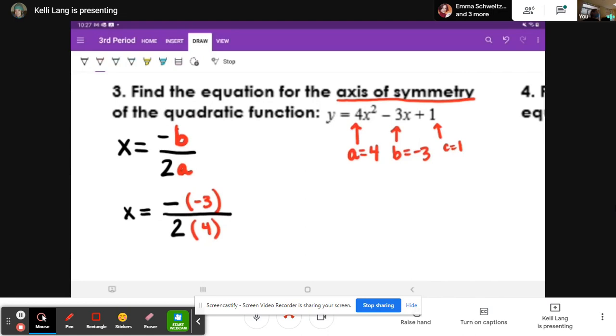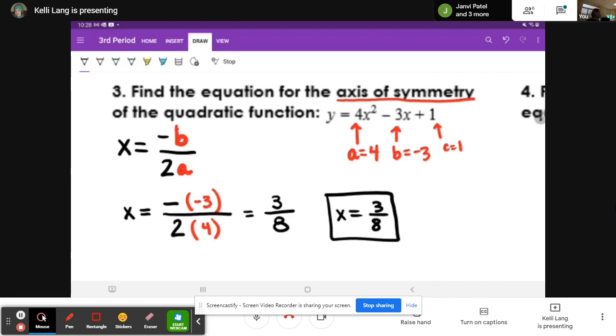You have to have those parentheses there. Whenever you plug a number in for a variable, you use parentheses. That is necessary. So time to simplify. On the top, I have a negative times a negative, which turns into a positive 3. And on the bottom, I have 2 times 4, which turns into an 8. We could leave our answer like this, x equals 3/8. You could also plug this into a calculator and get a decimal number.